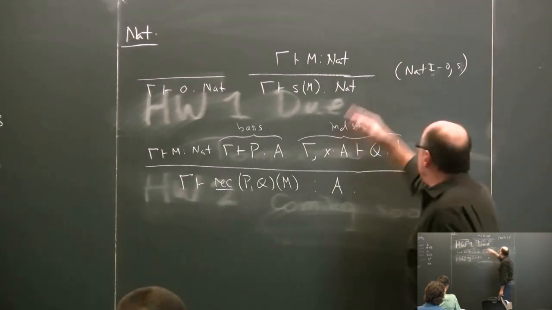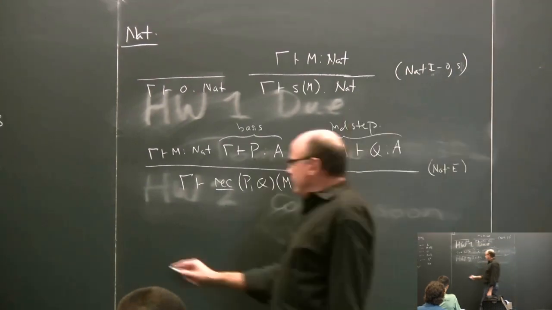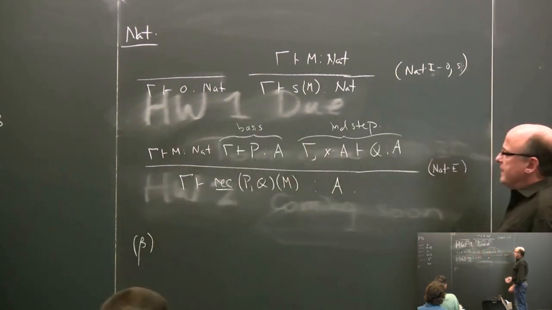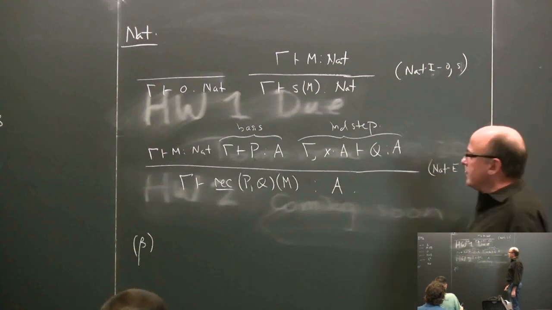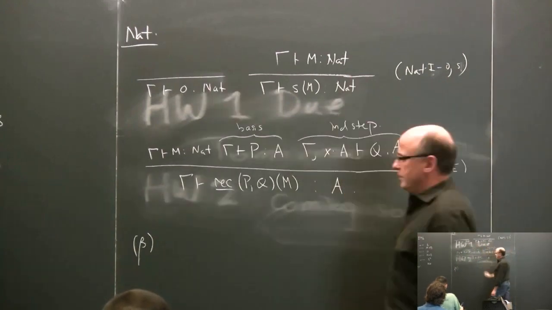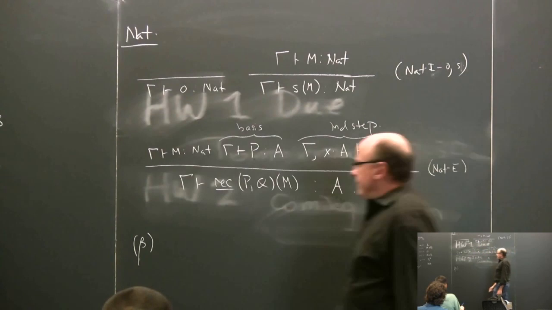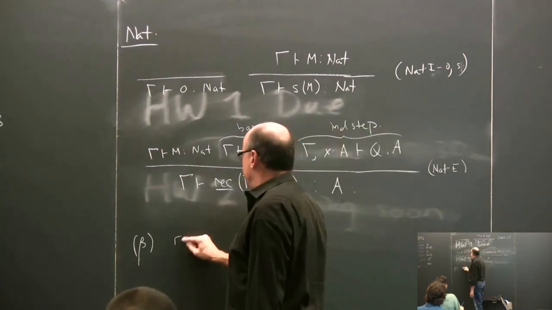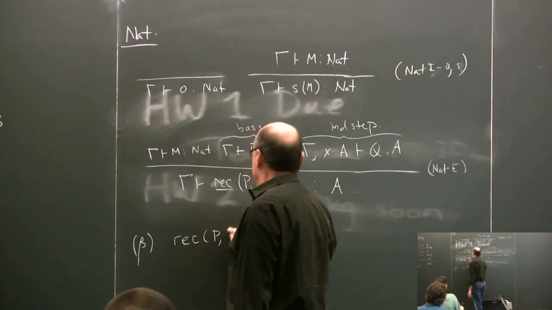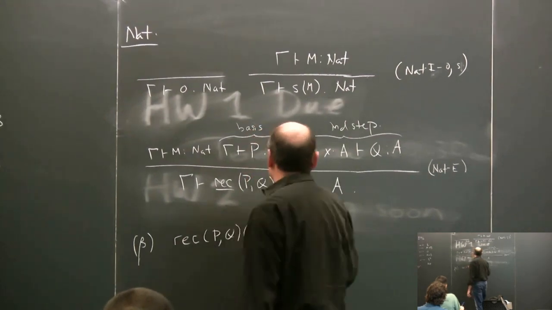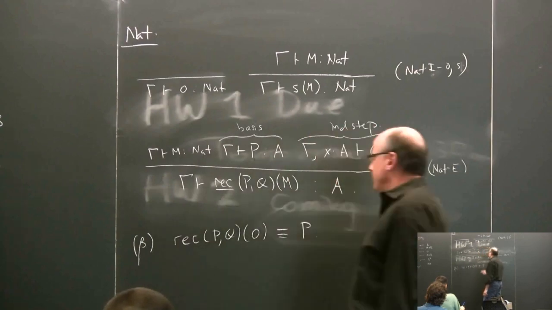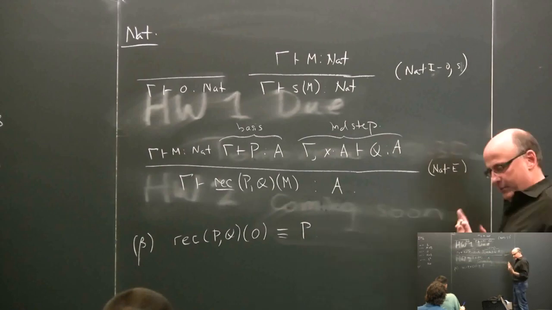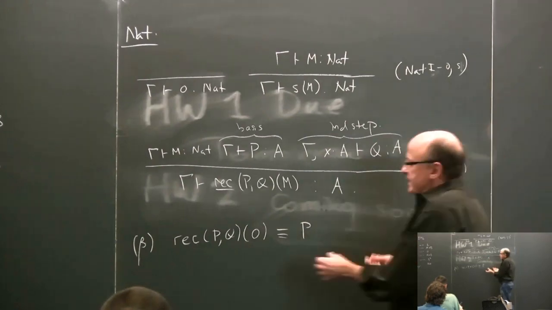Okay, so that's the basic syntax. And then if we look at the uses, we apply Gentzen's inversion principle, which tells us that the elimination should cancel the introduction. Well, there are two introductions, so there are going to be two beta rules for that reason. I'll just write them in the short form, without all of the syntax, all of the judgment. If I have rec P Q, and I run that on 0, that should be definitionally the same as P. Really I should be writing a context and its type, but especially with the beta rules, they're really just based on the shape.